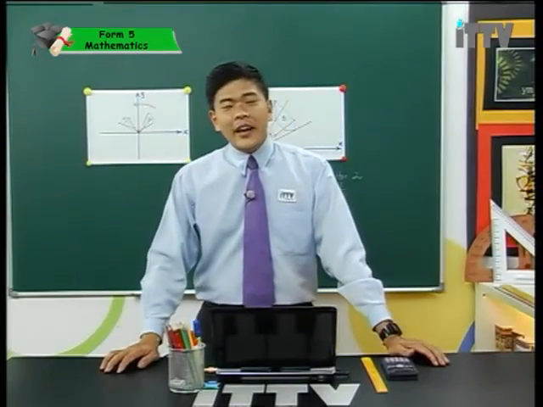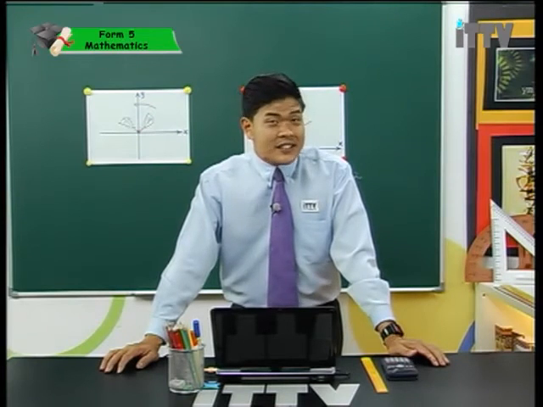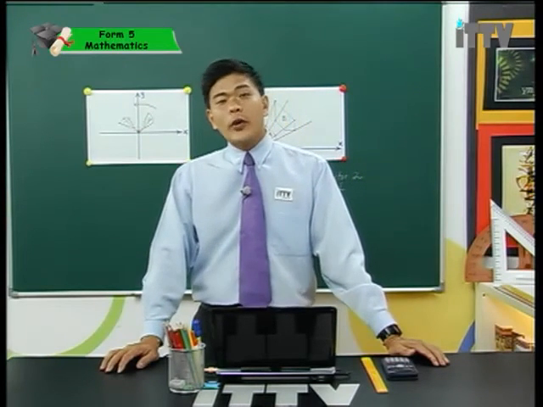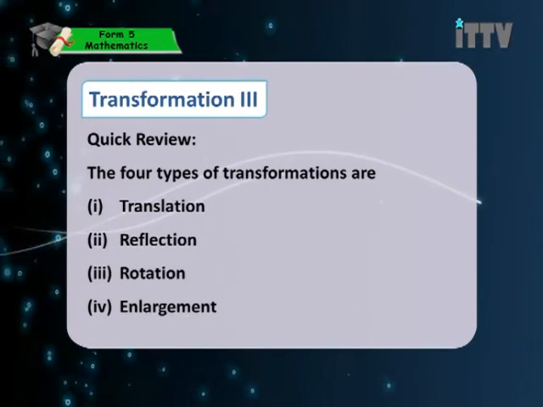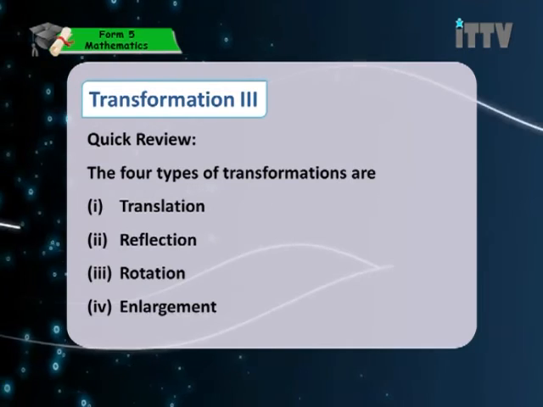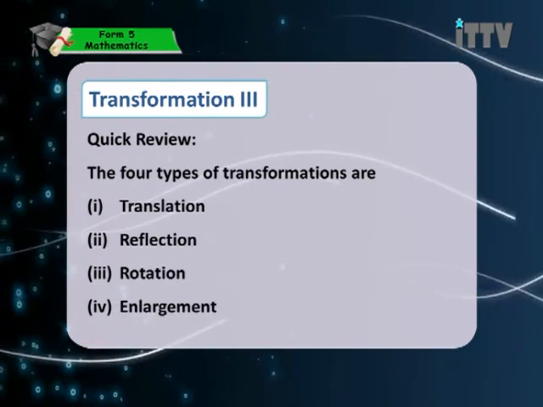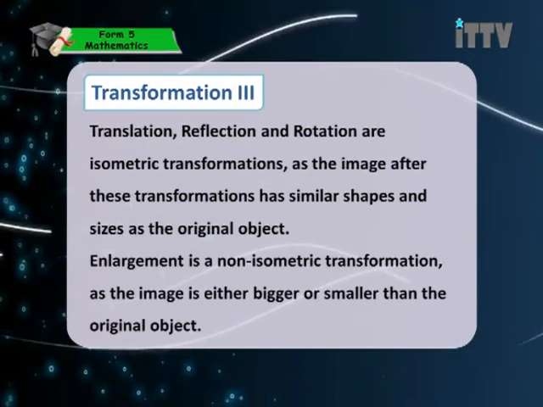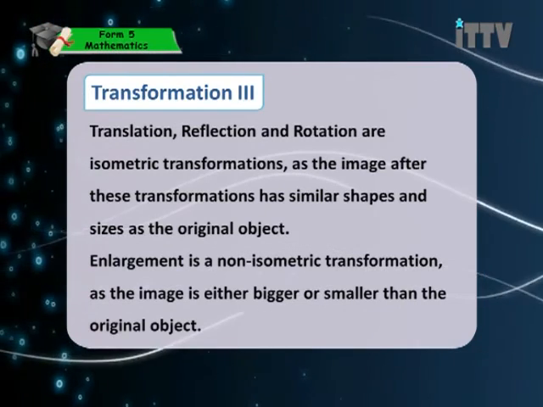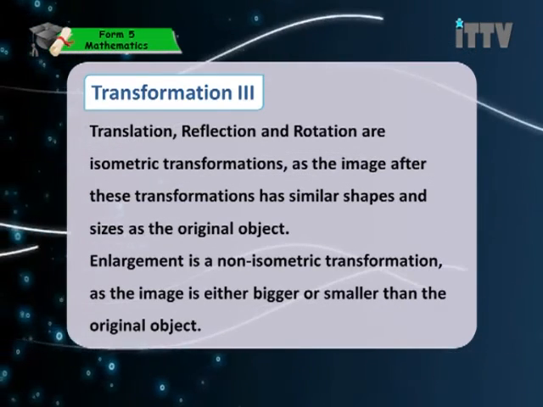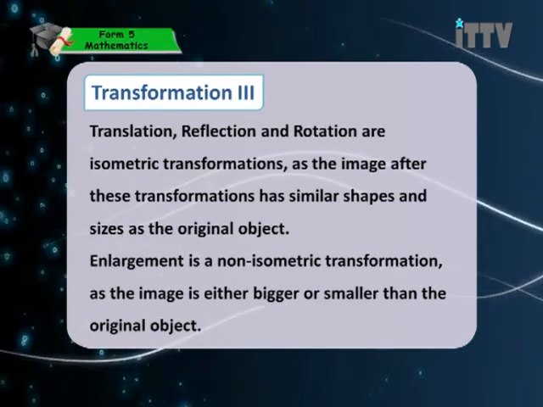So alright guys, with that we have managed to cover the 4 kinds of transformations, in the previous lesson and this one. Before we end, let's take a quick review of what we have learned. The 4 types of transformations are translation, reflection, rotation and enlargement. Translation, reflection and rotation are isometric transformations, as the image after these transformations has the same shape and size as the original object.